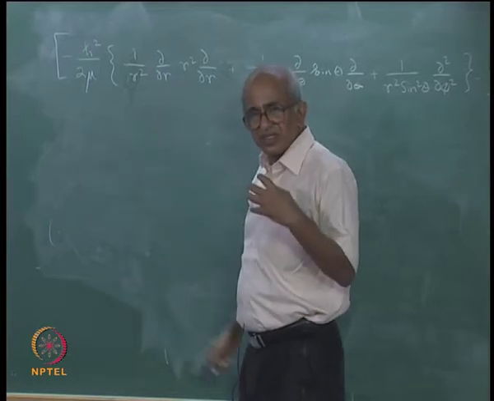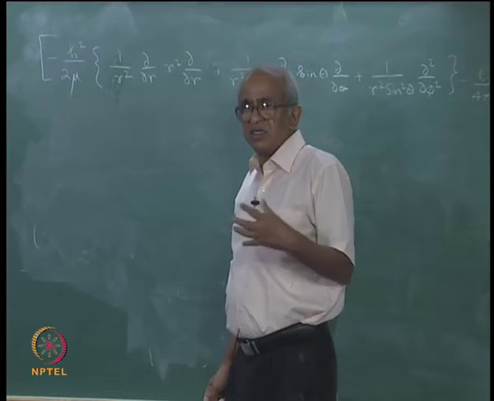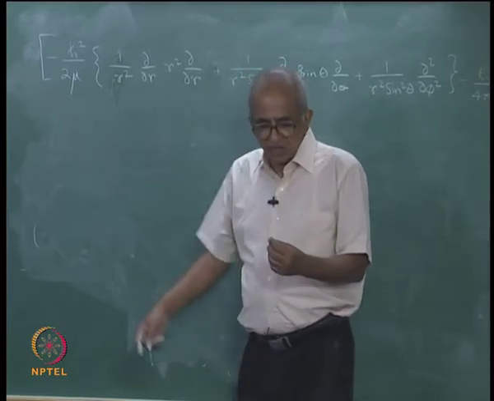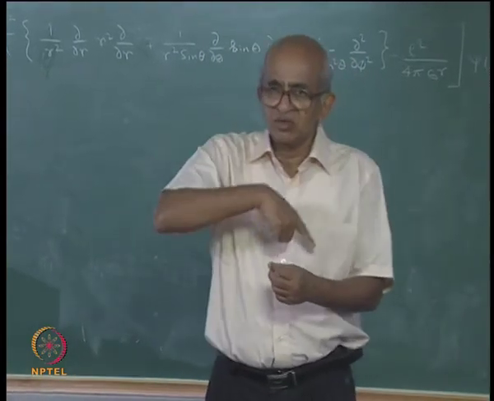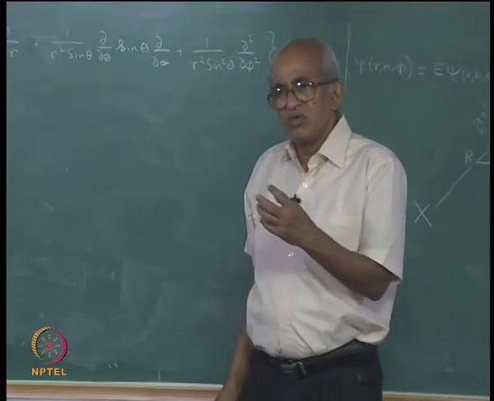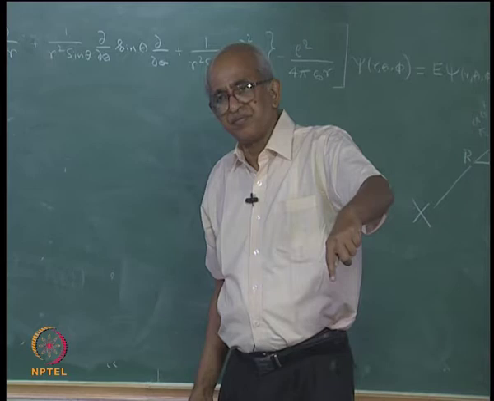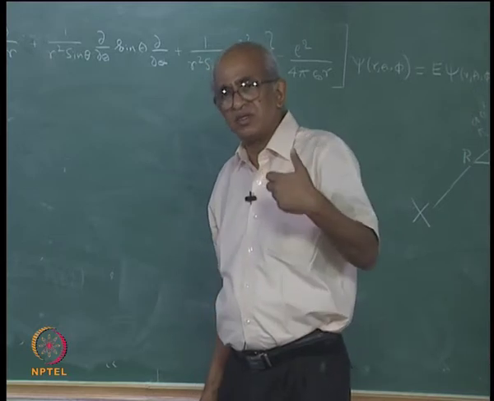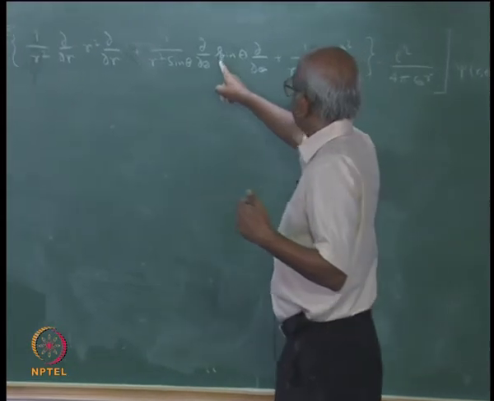This term represents the kinetic energy operator associated with radial motion. But then of course, the electron is not moving radially alone, it is moving in other directions also. So, what is going to happen? You will have kinetic energy associated with theta motion as well as with phi motion. So, these are those kinetic energies.